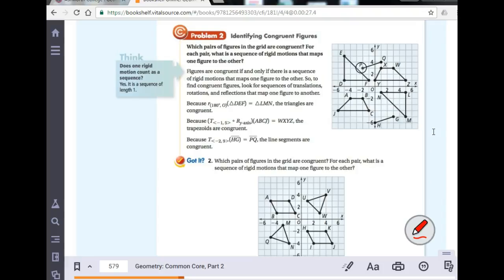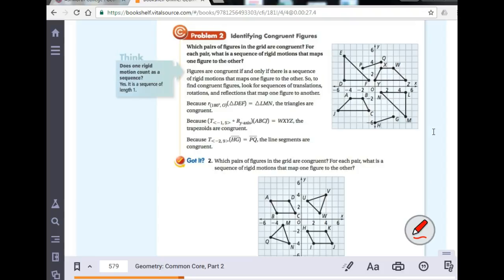So DEF, if you could imagine it being rotated around, would become LMN. That means these two are congruent to each other because I could do one rigid motion and get there.